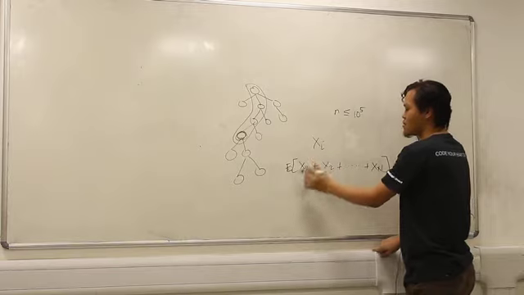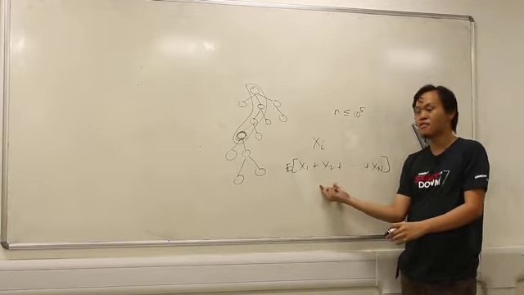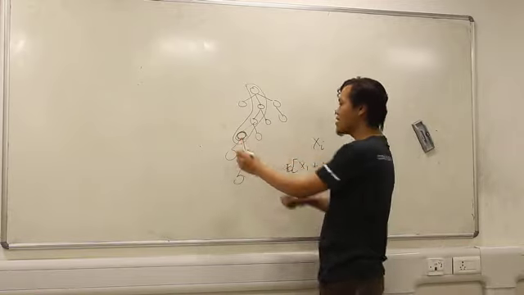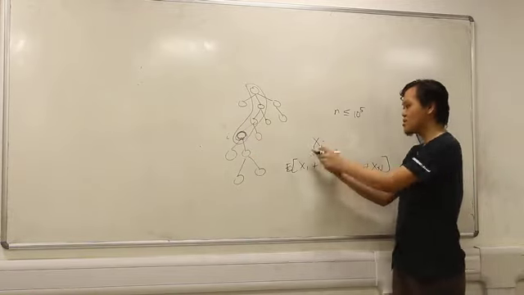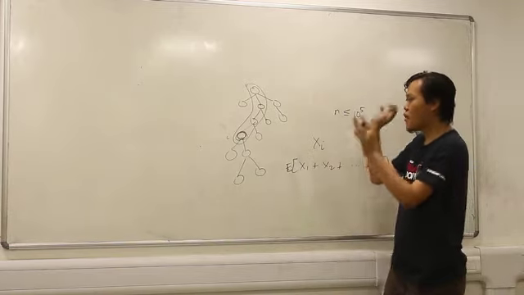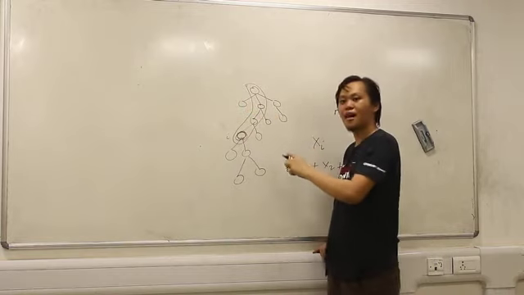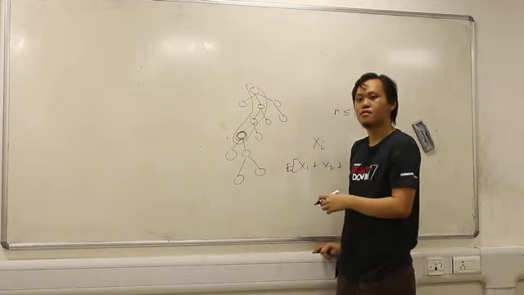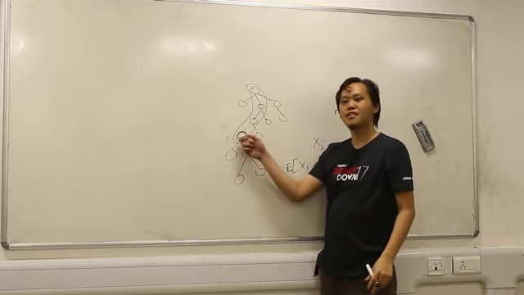By linearity of expectation, we simply have to look at each x_i. Let's say this is node i, and we're asking what's the probability of it being selected. Consider all sequences before some node in this path is removed. Before any node in this path is removed, node i is still here.